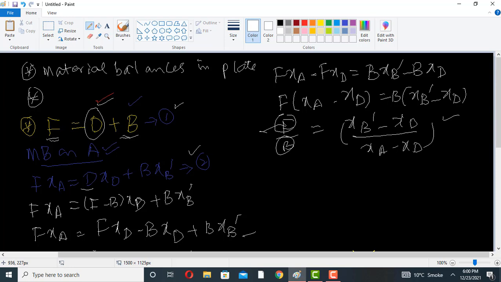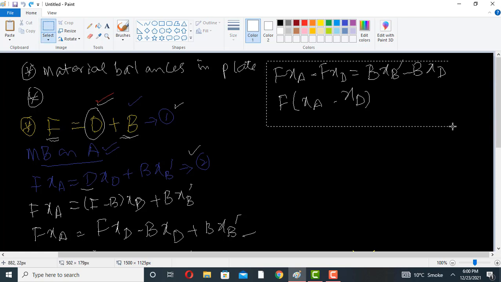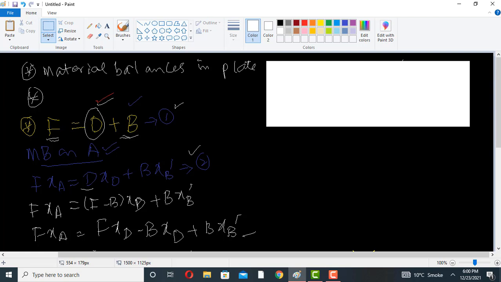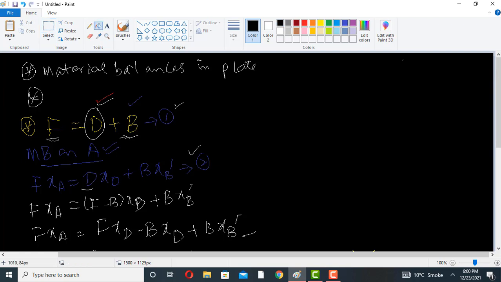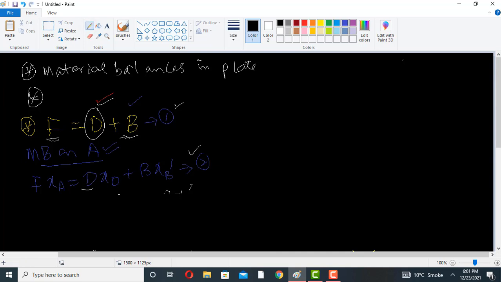Now how can we obtain the feed to distillate ratio, the feed to D ratio? So first we will find it here.